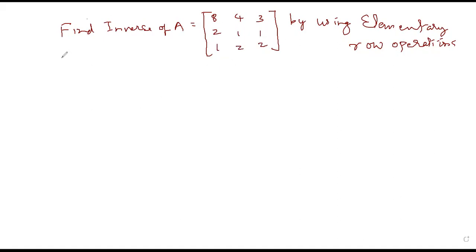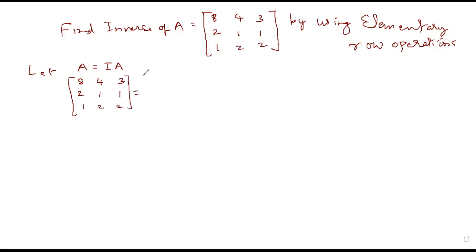So as I told you, first we will write, let A is equal to IA. Then on the right hand side A will not change. This A is replaced by the value of A, which is 8, 4, 3, 2, 1, 1, 1, 2, 2.